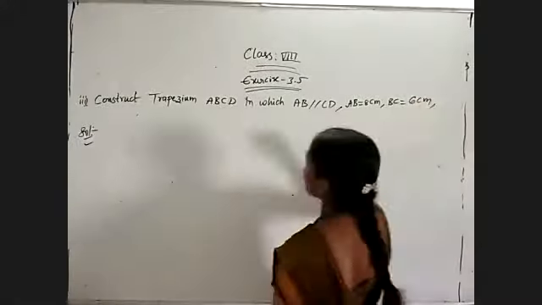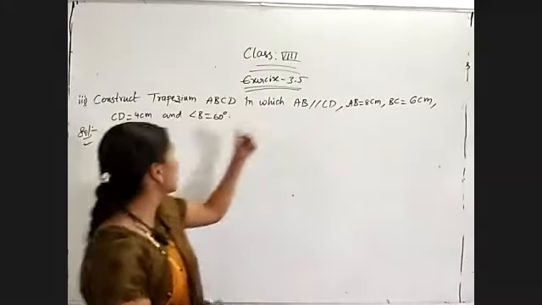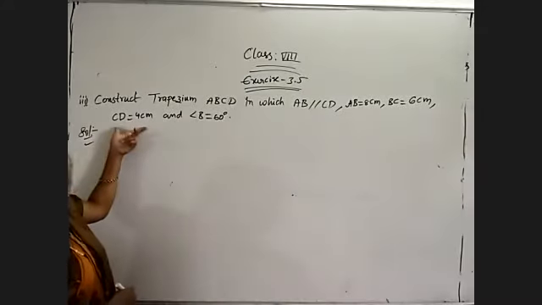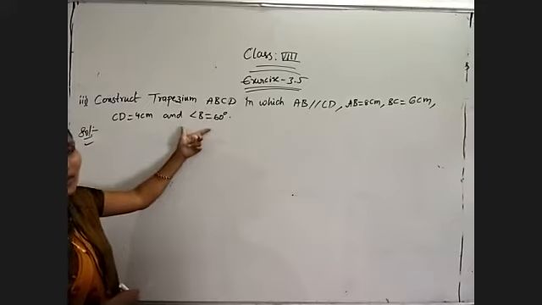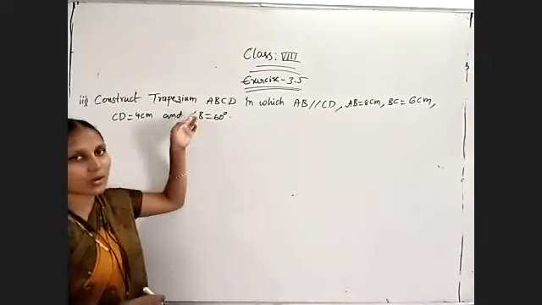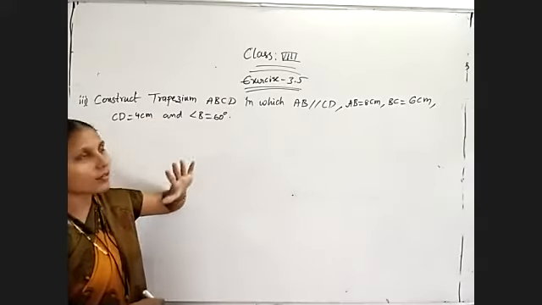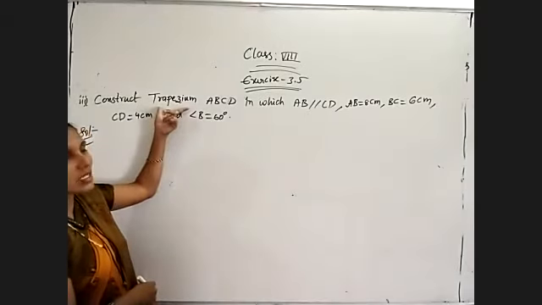So whenever the measurements are given, first of all, observe whether all measurements are given or not. Observe how many measures are given: AB, BC, CD, 3 line segments are given. Angle B, one angle is given. Only 4 measurements. With 4 measurements, are we able to construct the quadrilateral? No, we need 5 measurements. For that, which name have they mentioned?